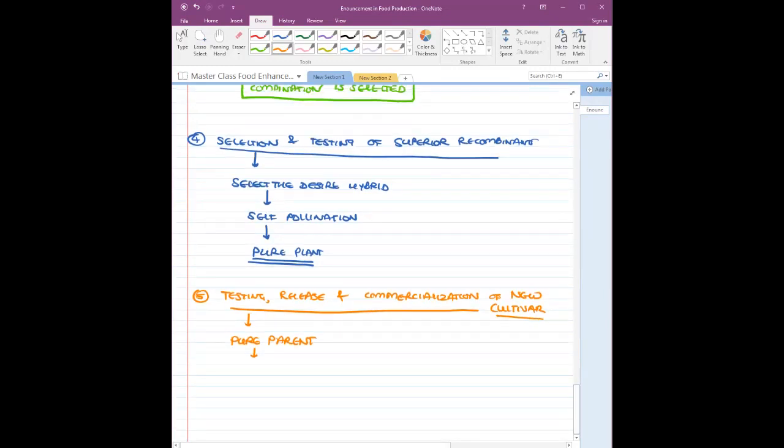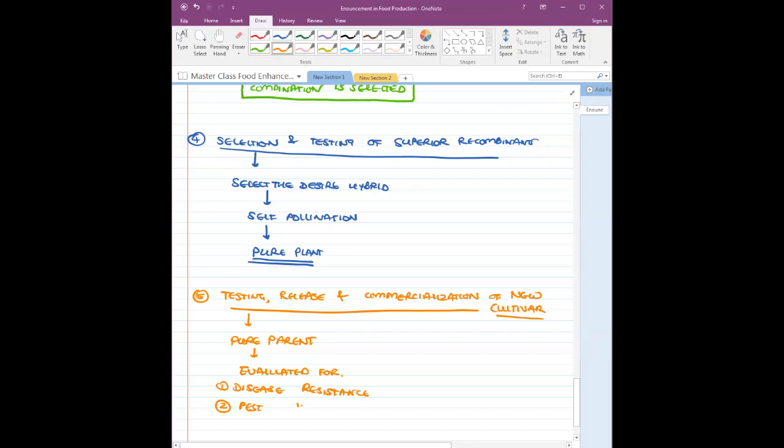Okay, so how is this going to be evaluated? It is going to be evaluated for disease resistance, or it can be pest resistance.